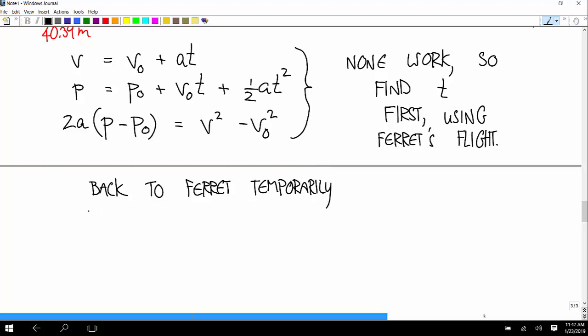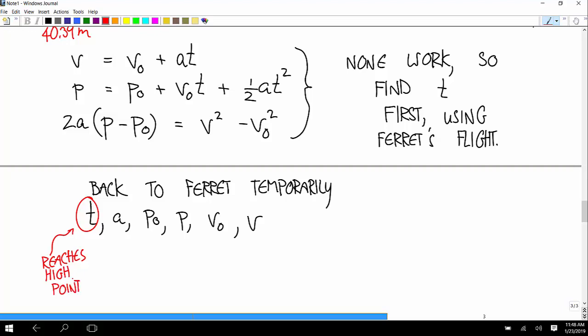And the possible variables are t, a, p0, p, v0, and v. We're trying to calculate t. And we know that this represents when the ferret reaches its highest point. We know acceleration, because it's free fall.